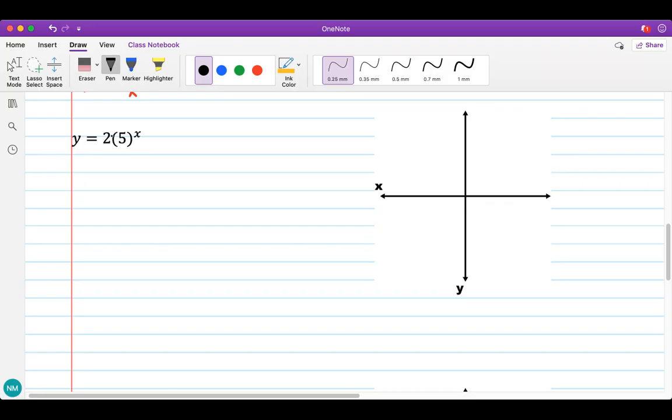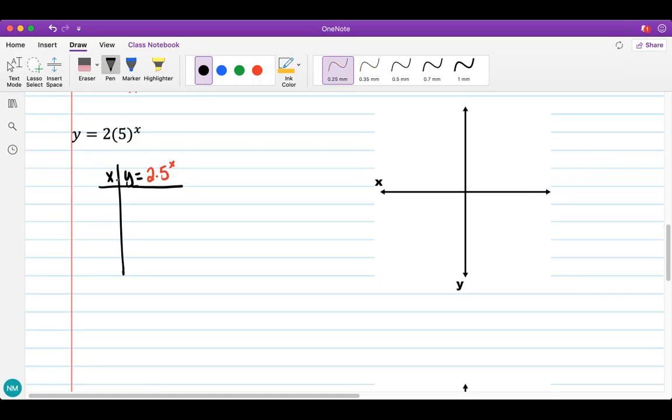y equals 2 times 5 to the x. So the first thing I'm going to do is put my values in, but I'm only going to do -1, 0, and 1.